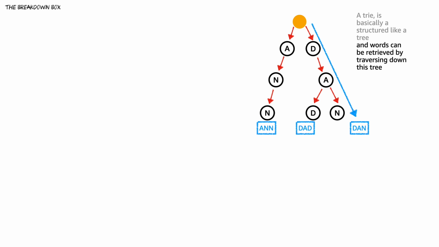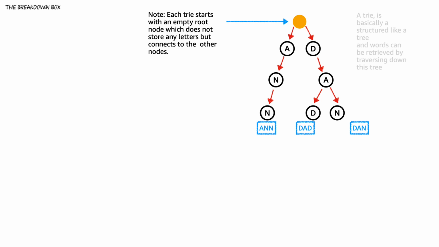This is a node. A node can store a letter of the alphabet or it can store nothing. A trie is basically structured like a tree, and words can be retrieved by traversing down this tree, like Ann, Dad or Dan. Each trie starts with an empty root node, which does not store any letters but connects to the other nodes.